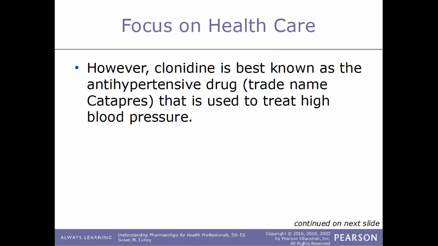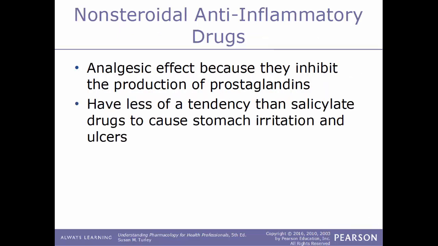That drug is Catapres. All right, now we'll talk about another category of analgesic drugs, the NSAIDs, non-steroidal anti-inflammatory drugs. These have an analgesic effect because they inhibit the production of prostaglandin. And these have less of a tendency than salicylate drugs to cause stomach irritation and ulcers.